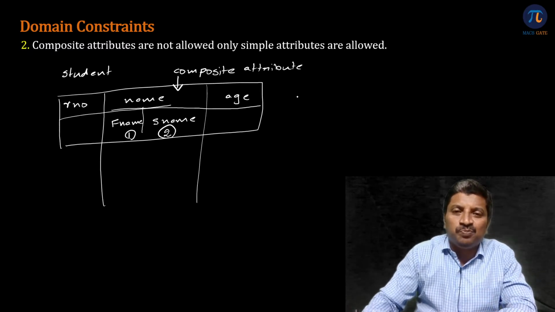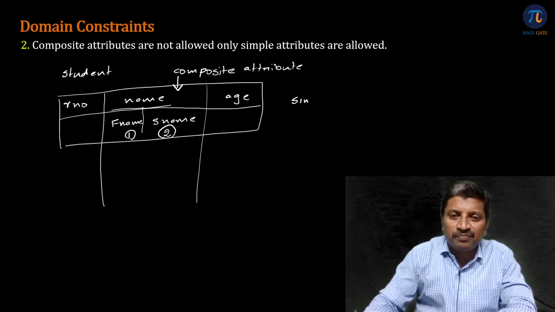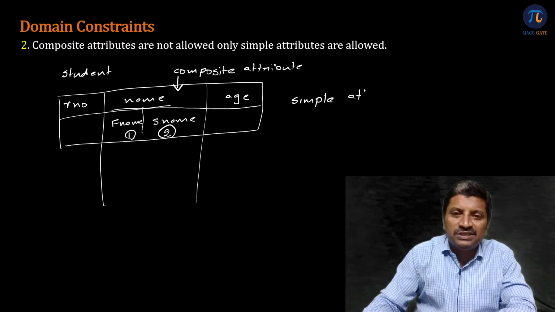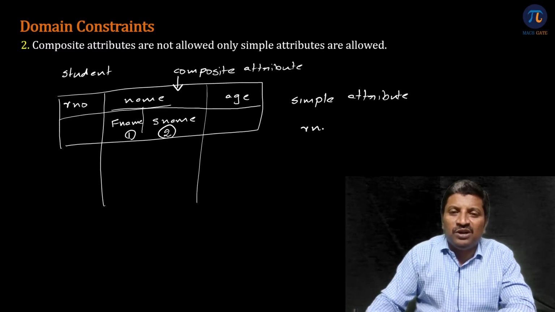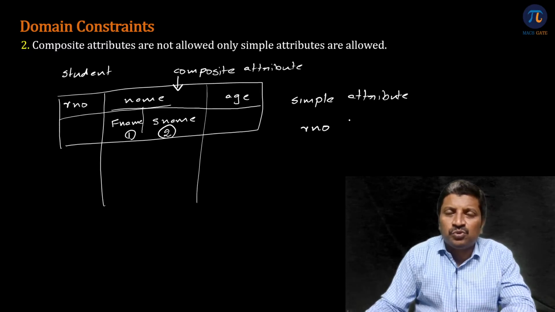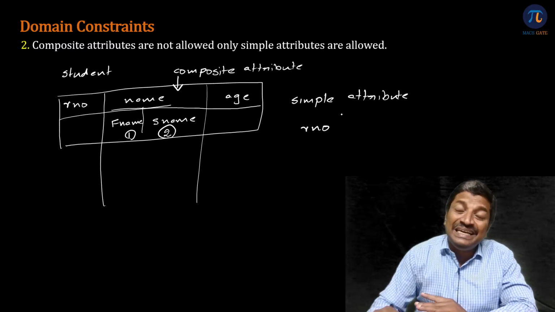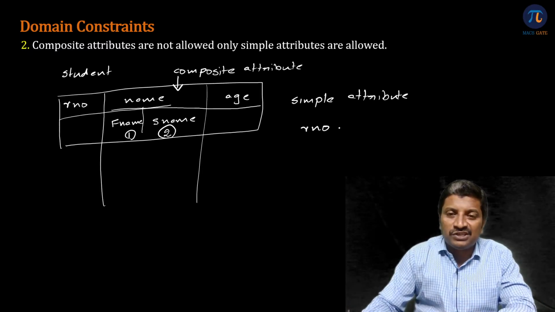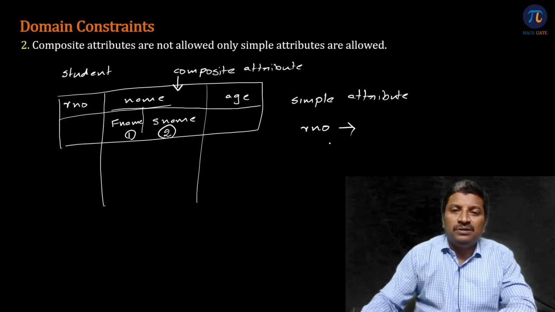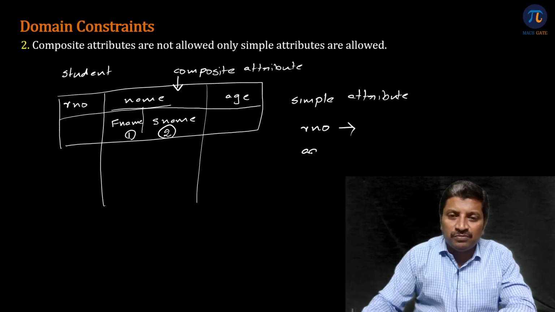What is meant by simple attribute? Suppose I say roll number. It is either 1, 2, 3, and so on. It is indivisible; we cannot divide it further. Similarly, age.